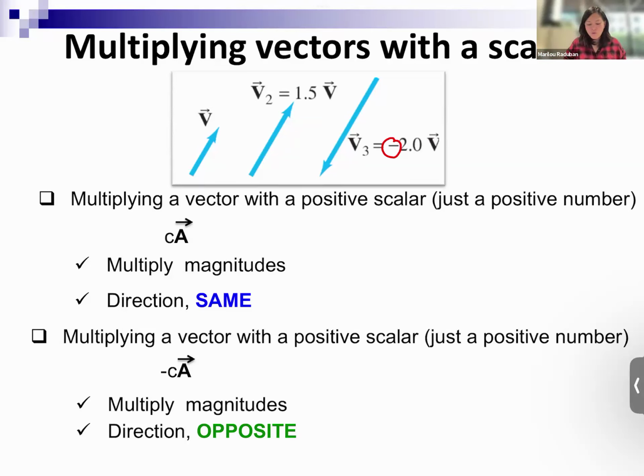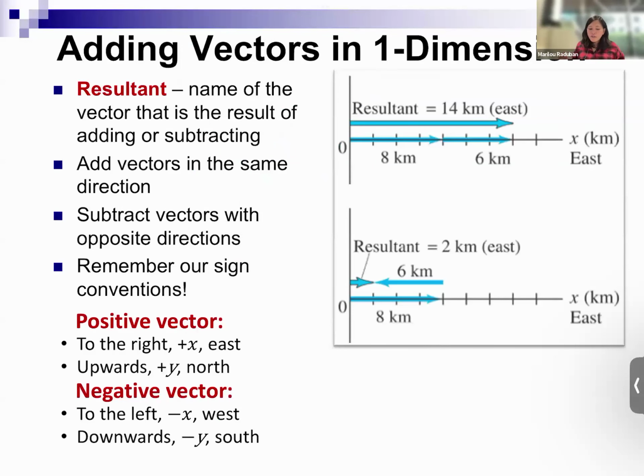At this stage, we're just multiplying the vector with a scalar, or a number, in which case either the vector lengthens or shortens, and in terms of direction, the vector's direction remains the same if the number is positive, or flips if the number you're multiplying is negative.